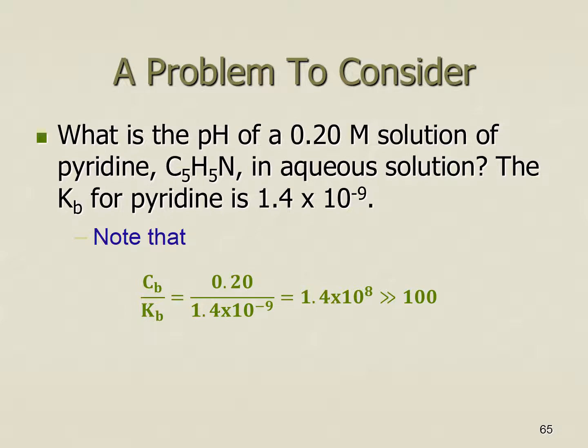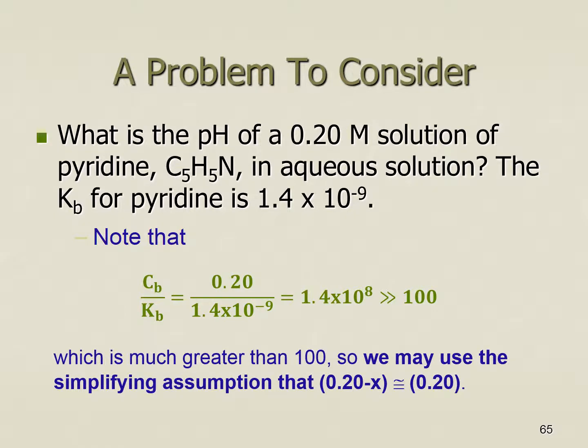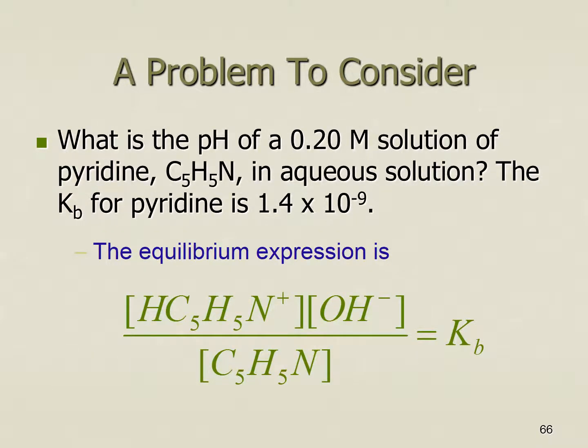So our initial concentration is 0.2, and our Kb, 1.4 times 10 to the minus 9th, gives us a value of 1.4 times 10 to the 8th, which is much, much greater than 100. So in fact, when we have that minus X, we can ignore it. 0.2 minus X will be about the same as 0.2. Again, we can't ignore X when we plug it in by itself, but when it's subtracted from a much bigger number, we can ignore it.